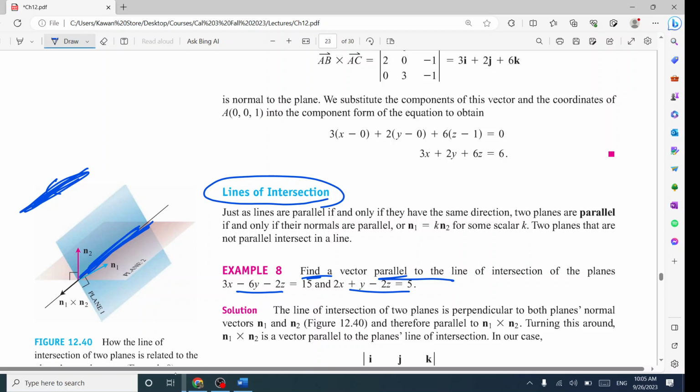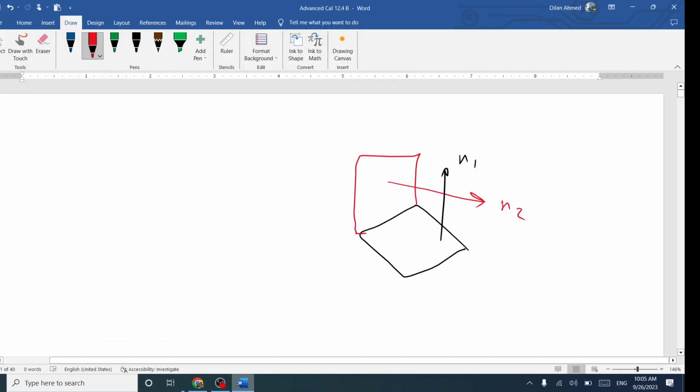We need to use the first normal and the second normal. The intersection of these two normals is parallel to the intersection line of the planes, plane number 1 and plane number 2.